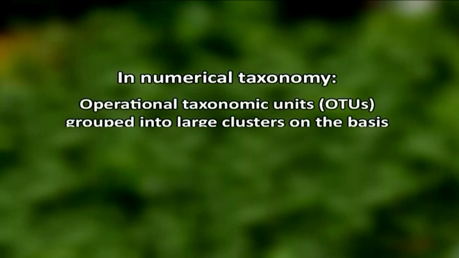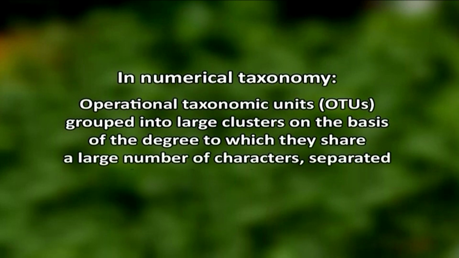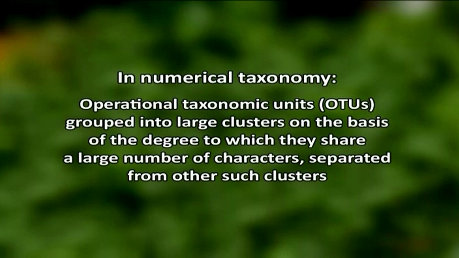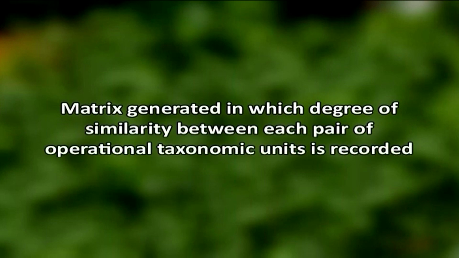In numerical taxonomy, operational taxonomic units, abbreviated as OTUs, are grouped into large clusters on the basis of the degree to which they share a large number of characters and are separated from other such clusters. A matrix is generated in which degree of similarity between each pair of operational taxonomic units is recorded.